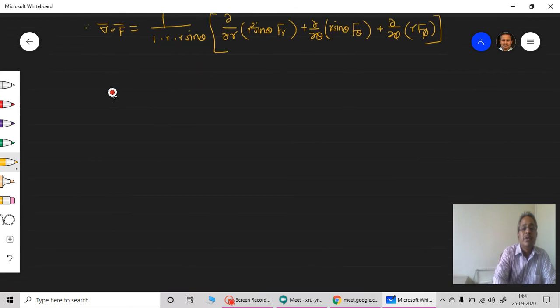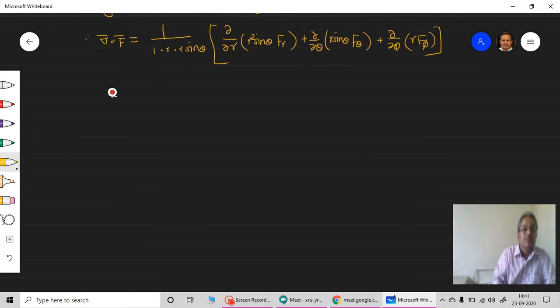So let's simplify it further. Simplifying this, I'm just writing directly from the book. So it is 1/(r square sin theta), first that comes out in the bracket. While differentiating with respect to r, this sin theta is not a function of r, so it can be written outside.